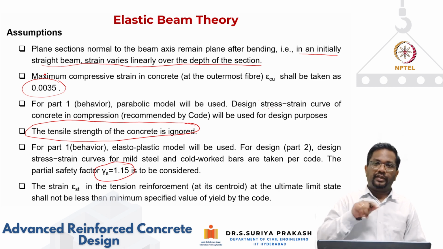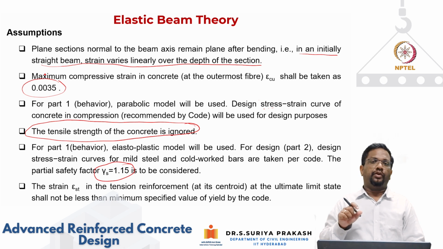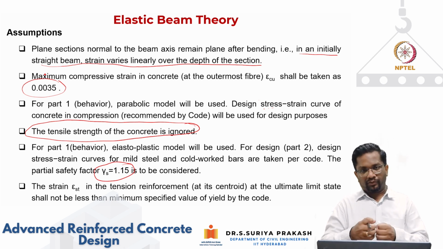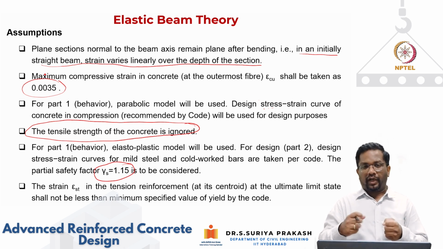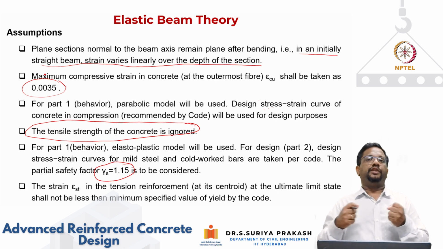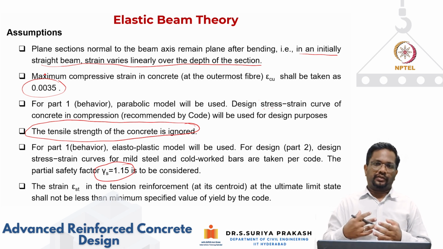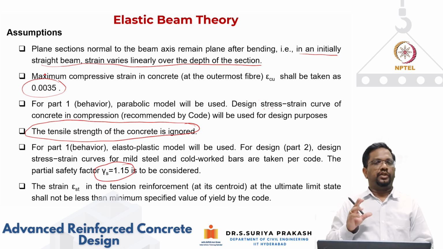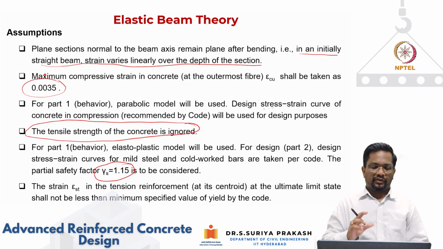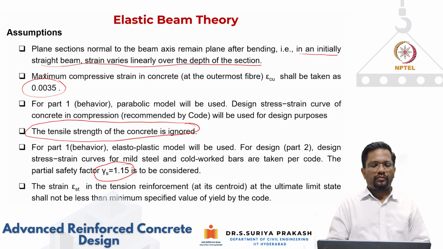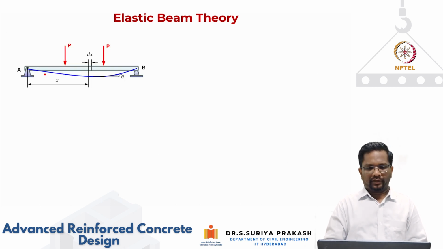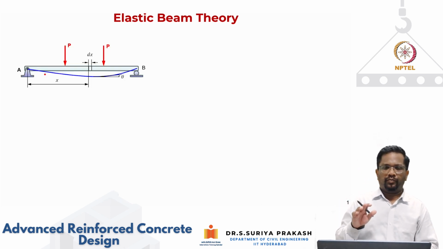But before it reaches that failure strain, we want to make sure that the steel is going to yield first, and it is going to give you a lot of stretching and warning before concrete reaches it. So this is the failure mode that we usually design for. That's also called an under reinforced failure mode, which we will talk about in the coming slides. Right. So these are the assumptions that we are making while we do the flexural analysis. Now, let's see.